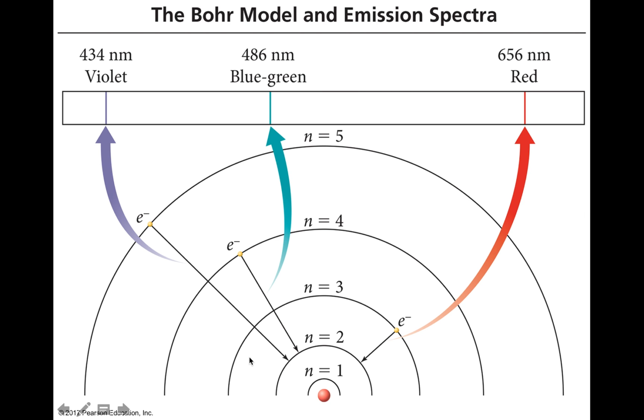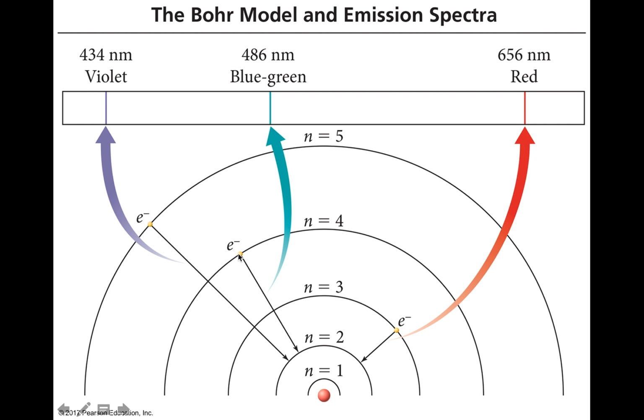And he made the connection that basically those specific lines of color that were observed in the atomic spectrum correspond to distinct changes in energy. So a small change in energy from energy level, say 3 to 2, would produce a lower energy photon, in this case red.